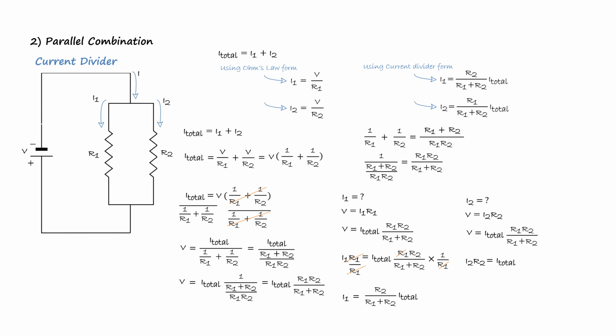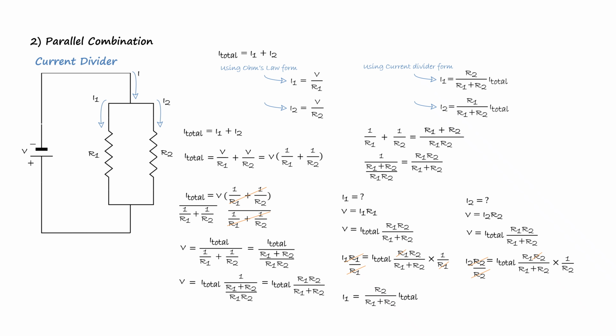And after this, we solve for I2, so we divide both sides by R2. On the left side, we divide by R2, so R2 is cancelled out by R2, and on the right side, we divide by R2, and this is the same as times 1 over R2, and R2 is cancelled out by R2.